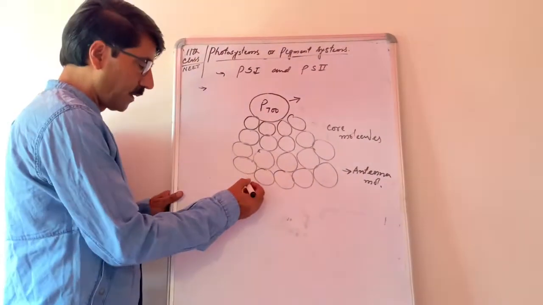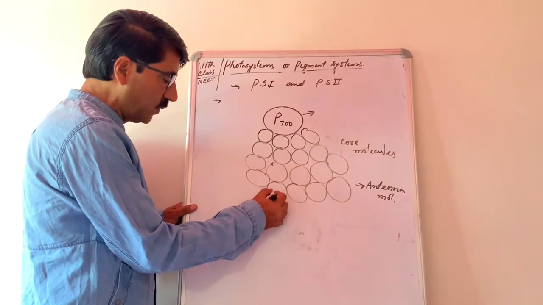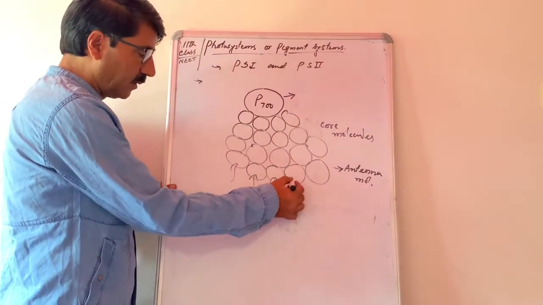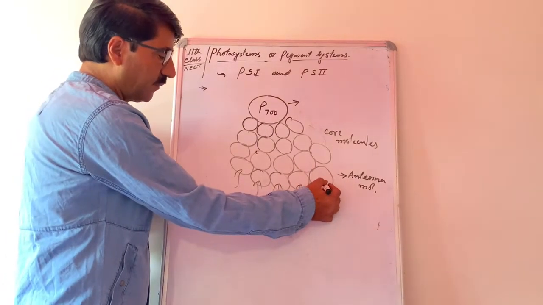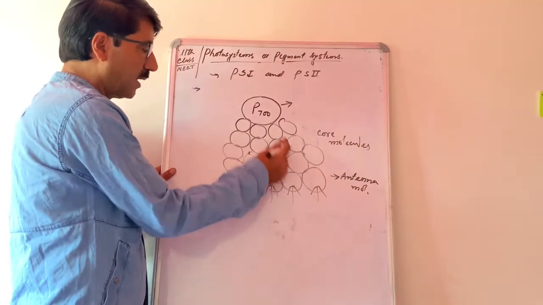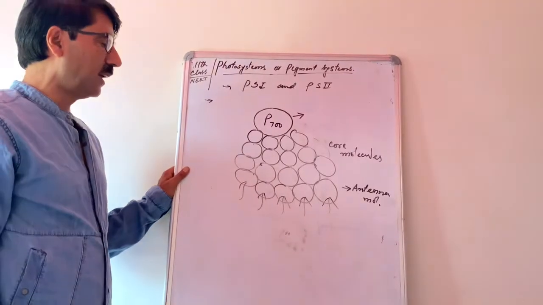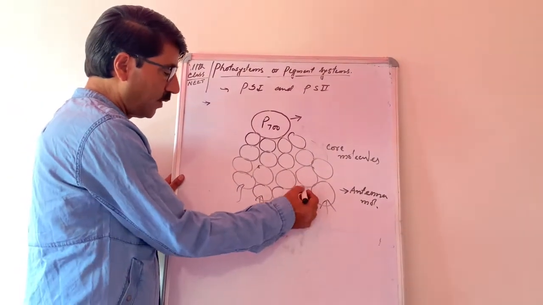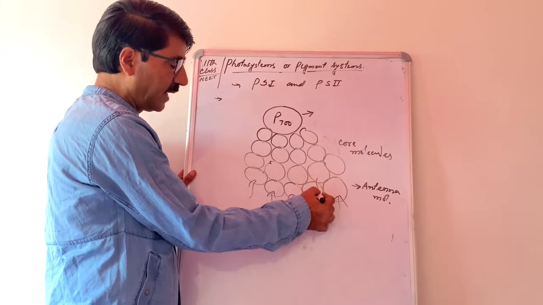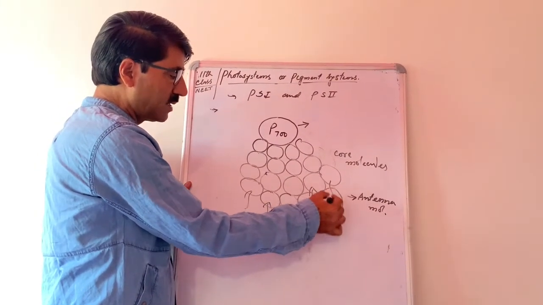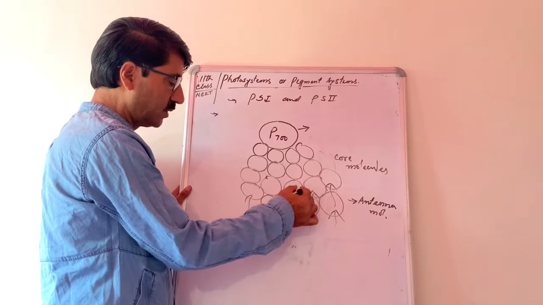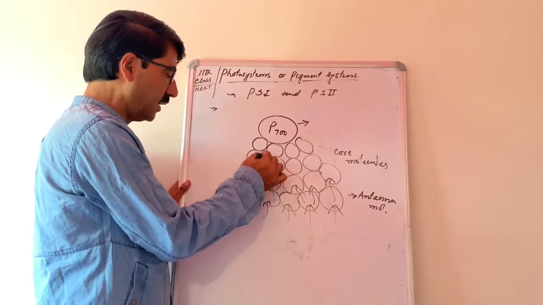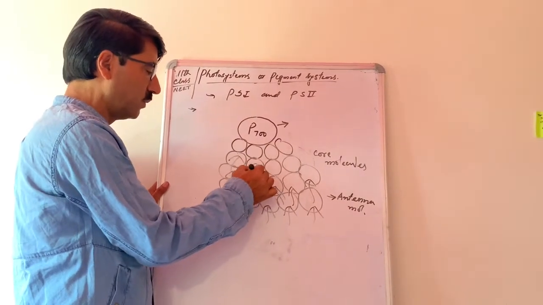This is called the pigment system, or we will call it as the photosystem. Here the antenna molecules absorb light. Remember, they absorb the light of any wavelength but less than that of the reaction center or photocenter. When these molecules get excited, they pass on their energy through resonance to the core molecules.